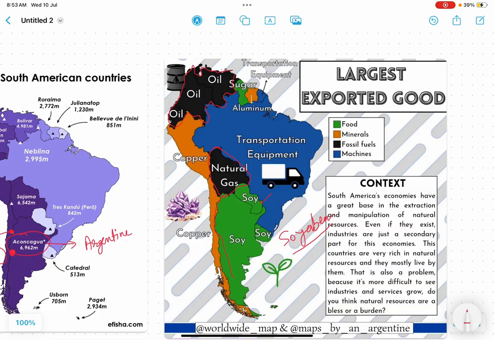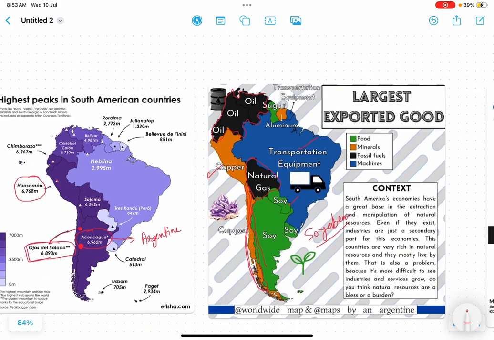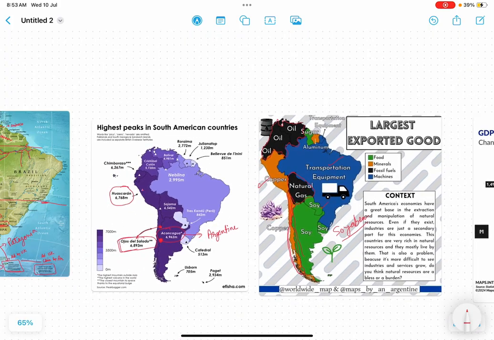We have copper for Chile, right? And copper here as well, and transport equipment right here, as you can see these countries. So we are going to the next map.